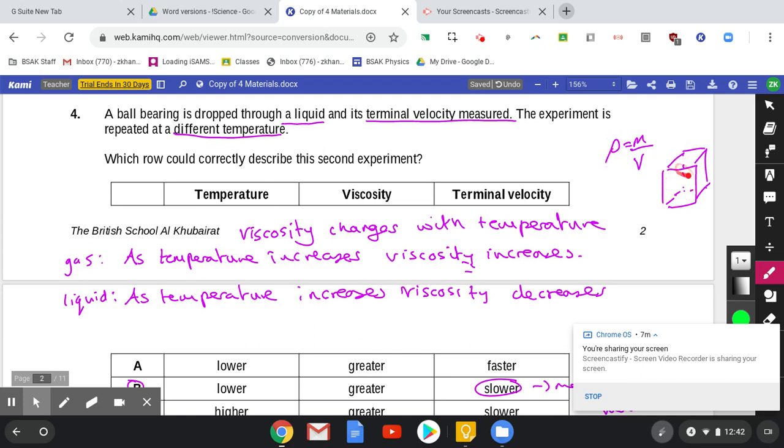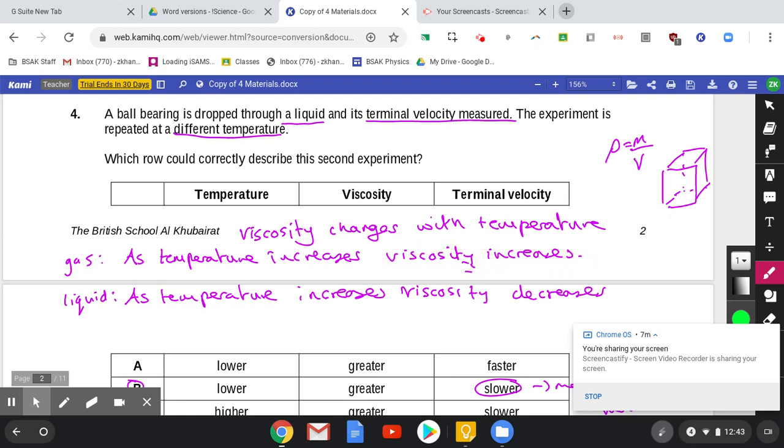So the density of that gas does not change. However, by increasing the temperature, all those gas particles in that box actually gain kinetic energy. Those particles are going to be colliding with the object as it moves through. So with more energetic collisions, you get an increase in frictional resistance, and as a result, an increase in viscosity.